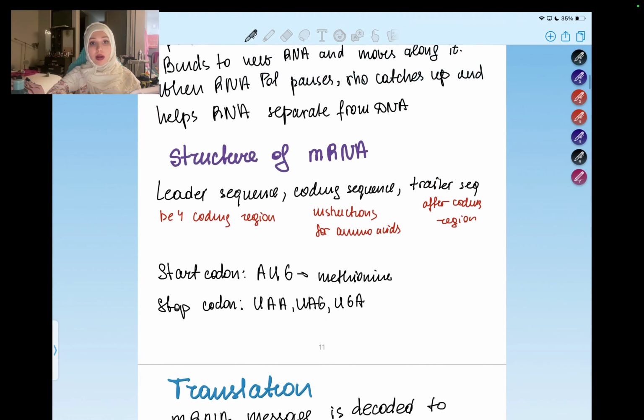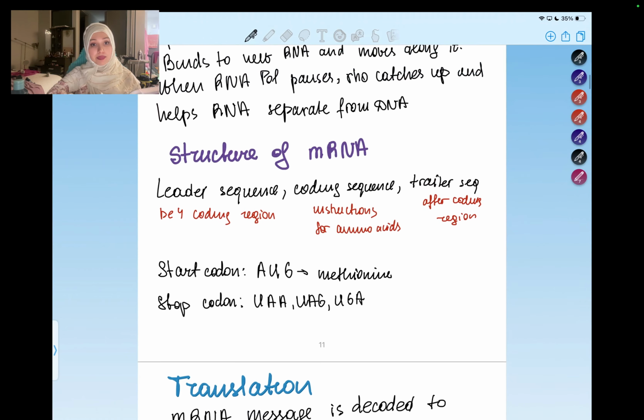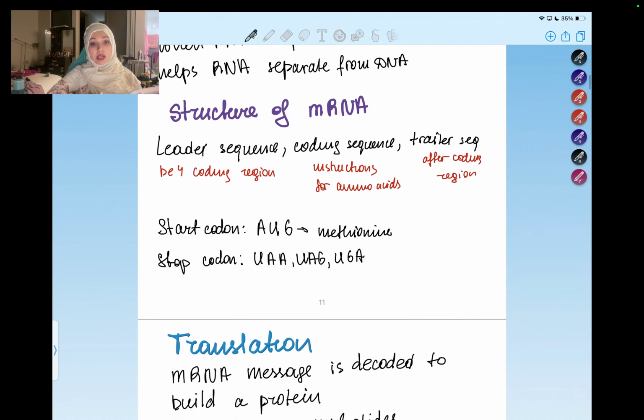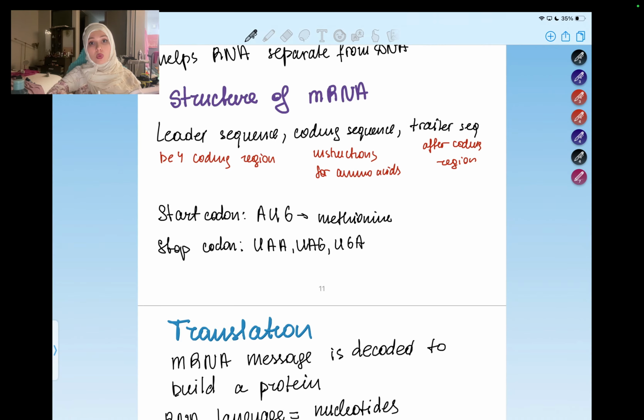So let's talk about the structure of mRNA. We have a leader sequence, coding sequence, and trailer sequence. The leader sequence is before the coding region. Then we have the coding sequence, where we have instructions for amino acids, and the trailer sequence. Usually you don't need to know all of the coding sequence.